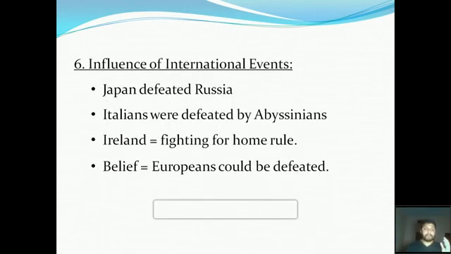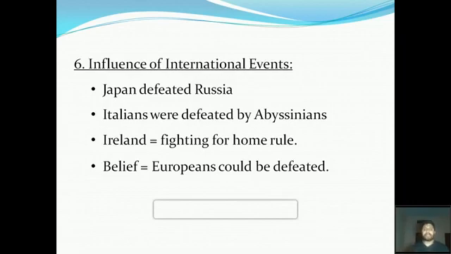Now let's move to the next point, reason number 6, influence of international events. Already I have told you about a few events, the Russian Revolution, then the French Revolution. At the same time, in different parts of the world, many countries were fighting against the British and their colonies, because those countries were suppressed under the British.